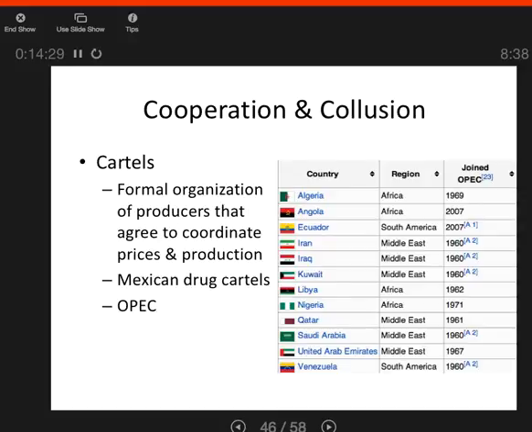So a price war and a collusion, and then the next step would be a cartel. Now, we always think of the drug cartels when it comes to this, but there are other cartels that exist out there. Cartels are also illegal in the United States. So if you look at the list of countries that are part of OPEC, these are the tycoons that own most of the oil industry on the planet.